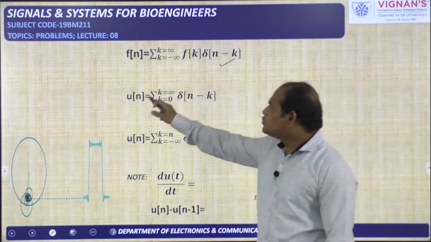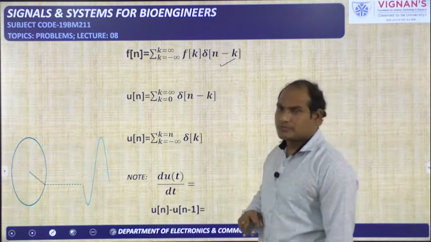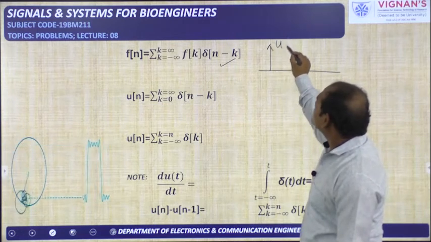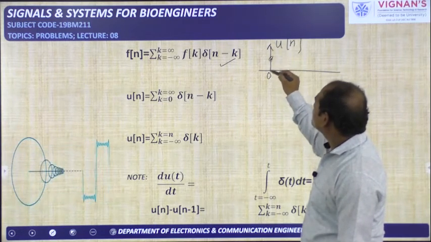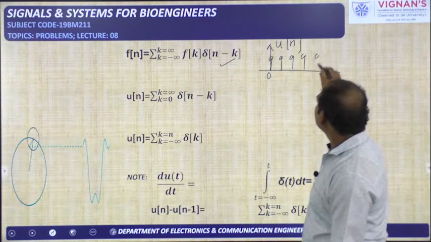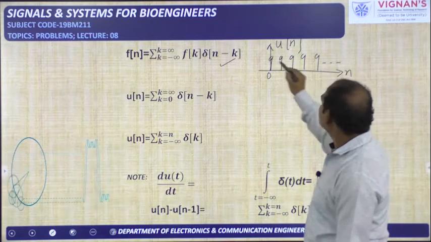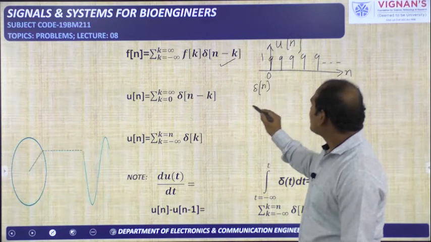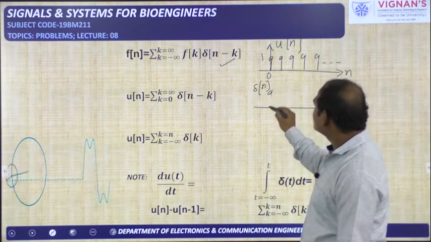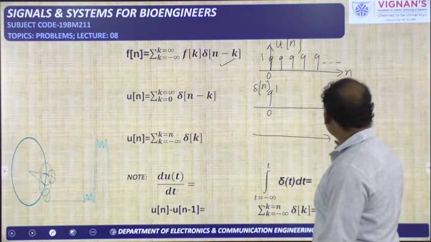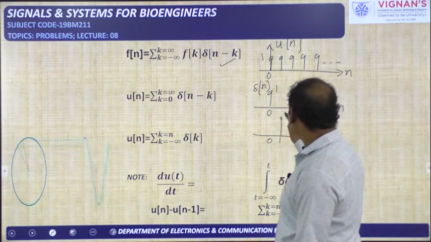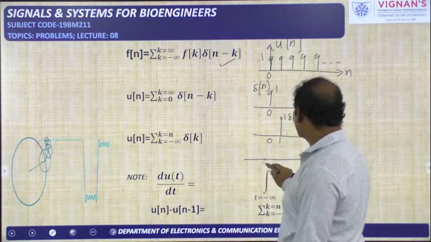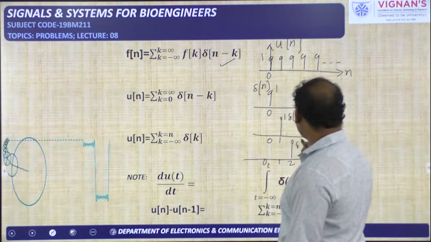Okay, we are representing u of n in terms of del of n. How is it possible? You see. Generally u of n is available like this. This is del of n, this is del of n minus 1, this is del of n minus 2.